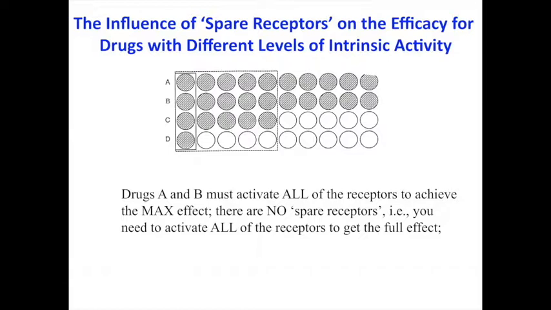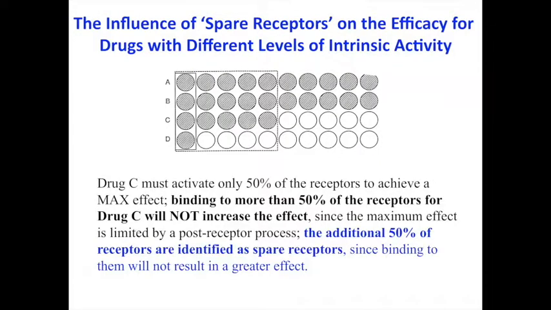On the other hand, drug D, even though there are 10 receptors there, only has to occupy 1 receptor to get that maximum effect. Why? Because it has higher intrinsic activity. D has higher intrinsic activity than A. B and A are about the same. They both have to occupy and activate all 10 receptors. C is sort of in the middle.